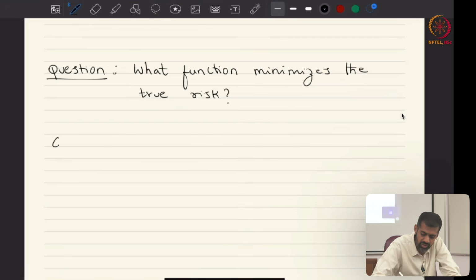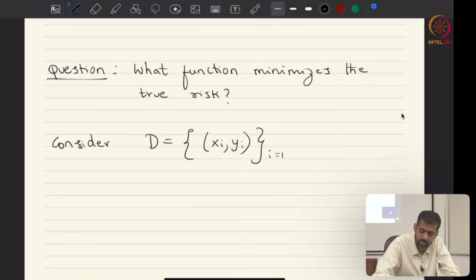So consider the case where you have data that is pairs of labels and features, and we are defining the loss function as the 0, 1 loss function.